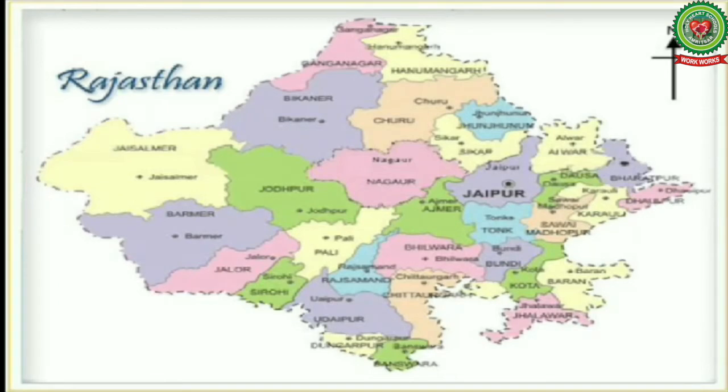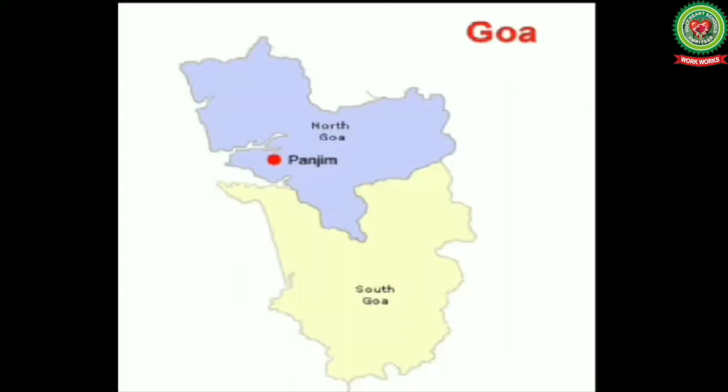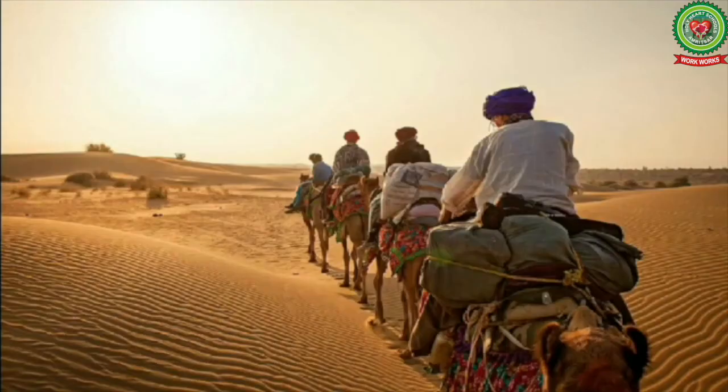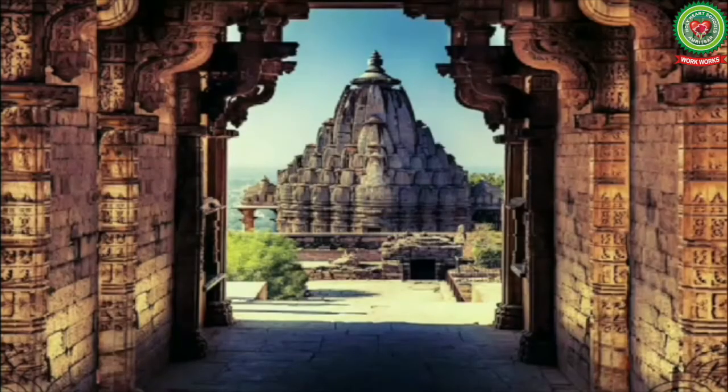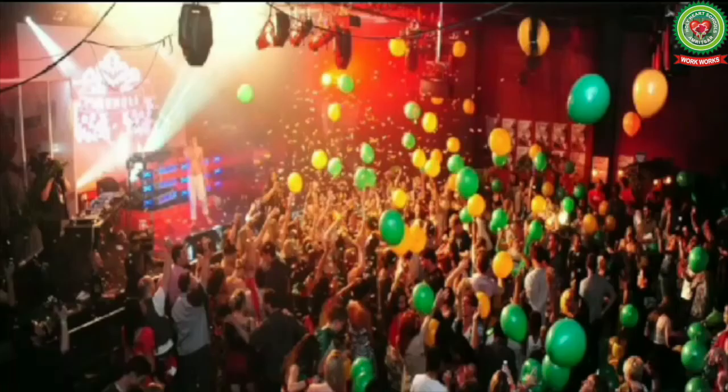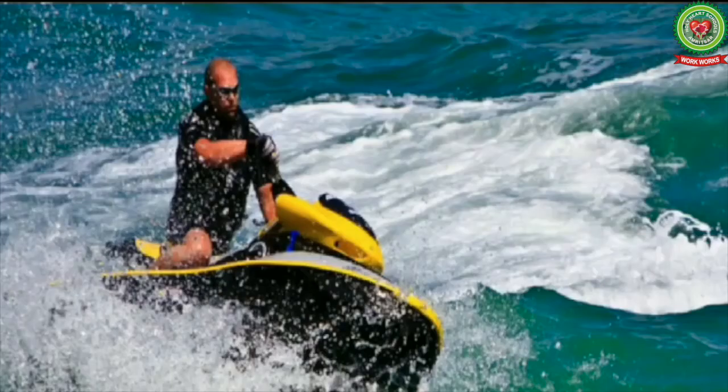So these lines mean that among the states, Rajasthan is at number 1 in terms of area and Goa is at last number. And Rajasthan is famous for forts, Thar desert, beautifully built temples, etc. And Goa is famous for its beautiful beaches, nightlife, party, safety, water sports, etc.